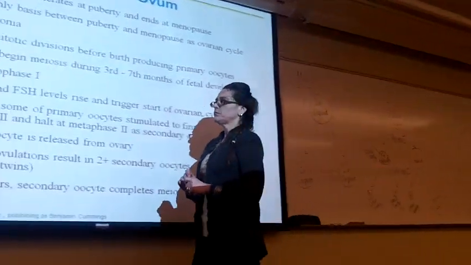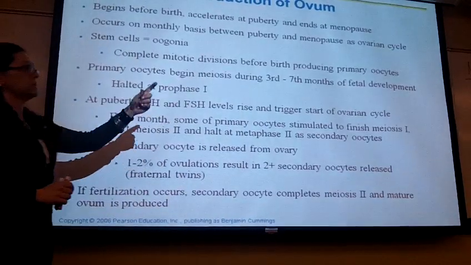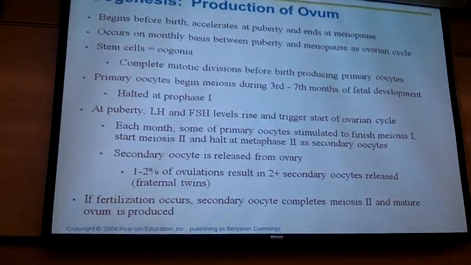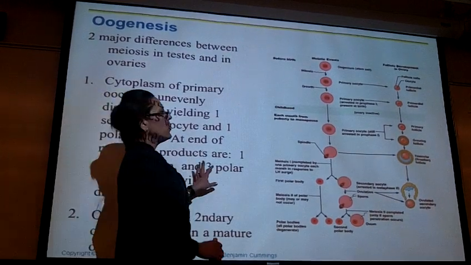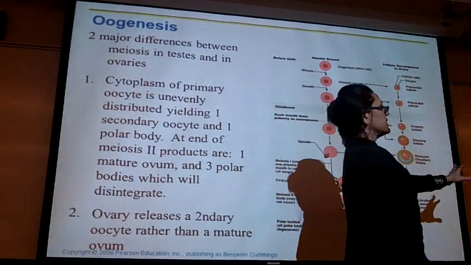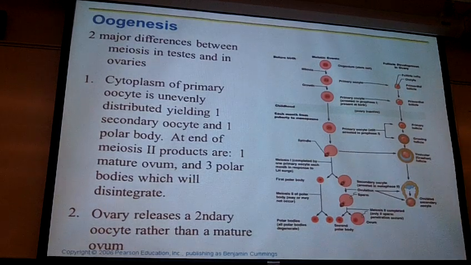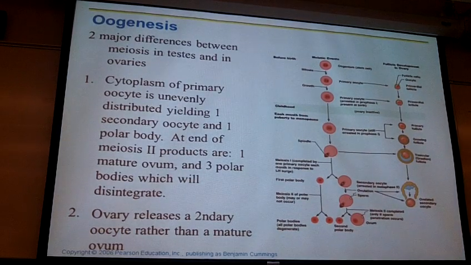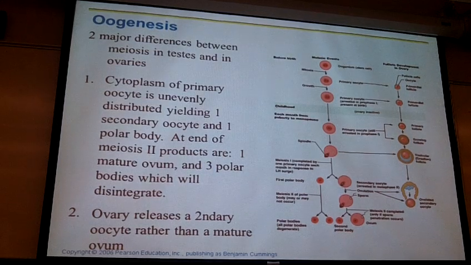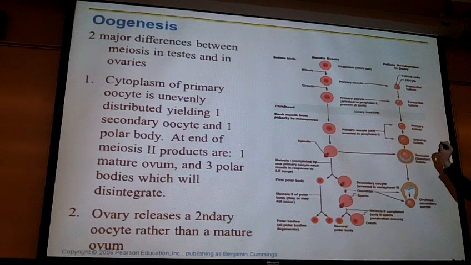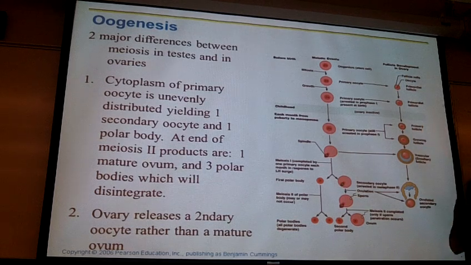Okay. Now, we're going to build on this. So if you have questions, make sure that you're asking. What we want to do now is, we've talked about why you have polar bodies, why these cells are different sizes. We've defined the names, and we've said when these different events happen. And so now we want to say, what's up with these follicles? The follicles are just rings of cells, and the oocytes are going to be in the follicles.